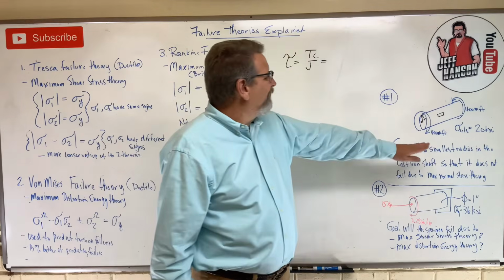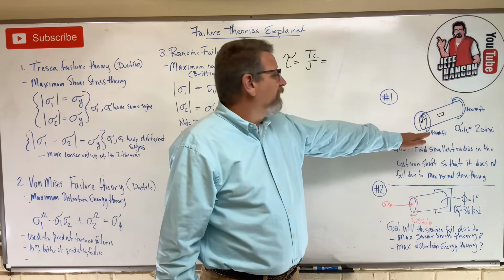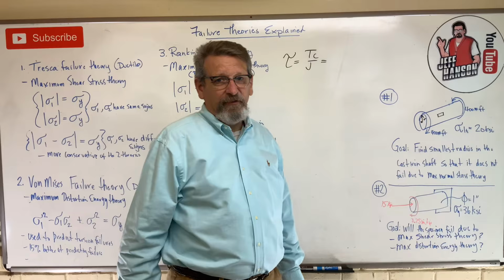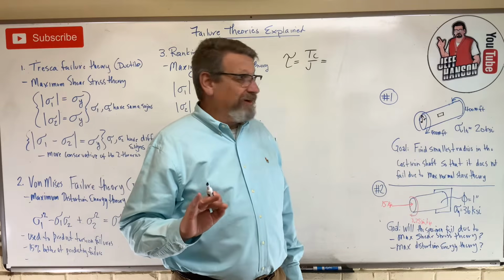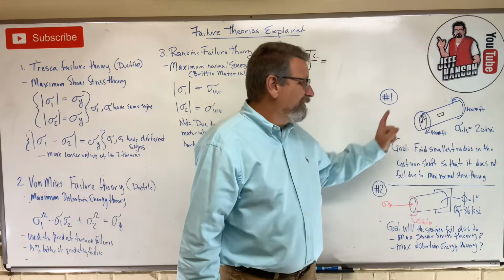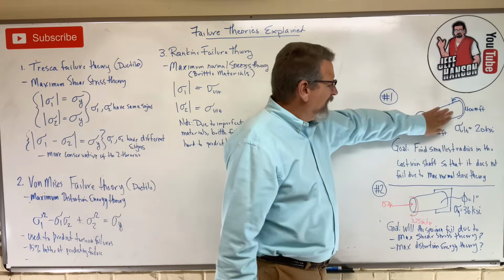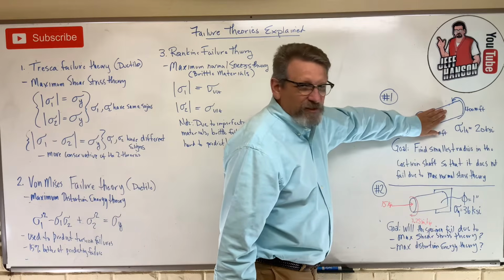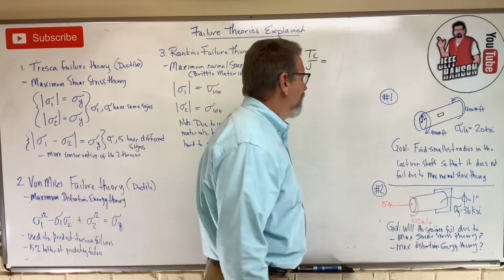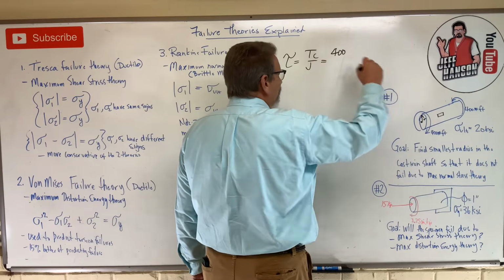Johnny Weak Sauce would say, yo, that's got 800 pound-feet of torque on it. 400 there and 400 there. No, Johnny Weak Sauce, no. It's only got 400, right? Remember, this 400 causes that 400 over there. Remember, if I section it in half, if I just look at half of it, how much torque is on there? Only 400, okay? So here we go, torque, 400 pound-feet.